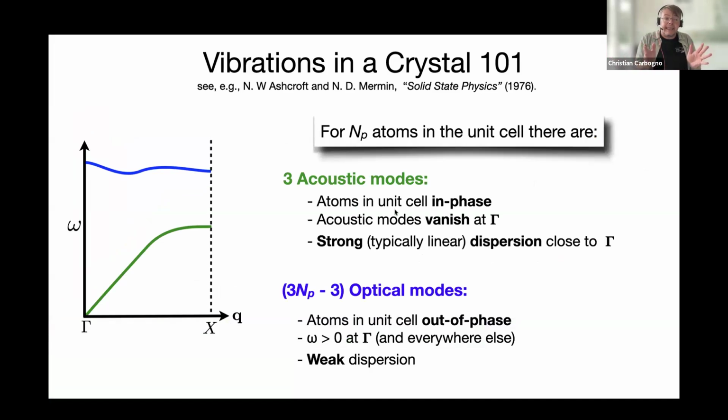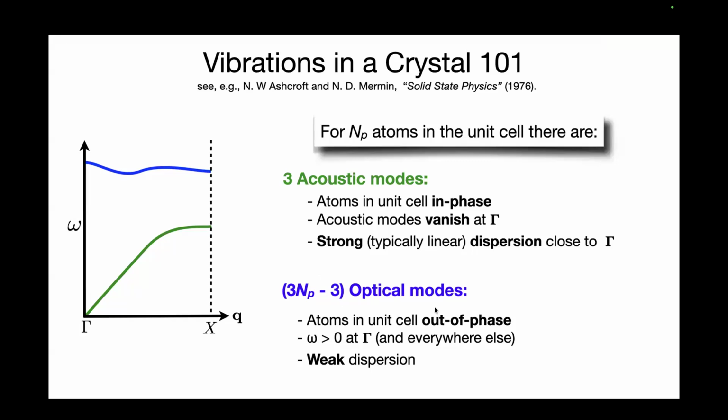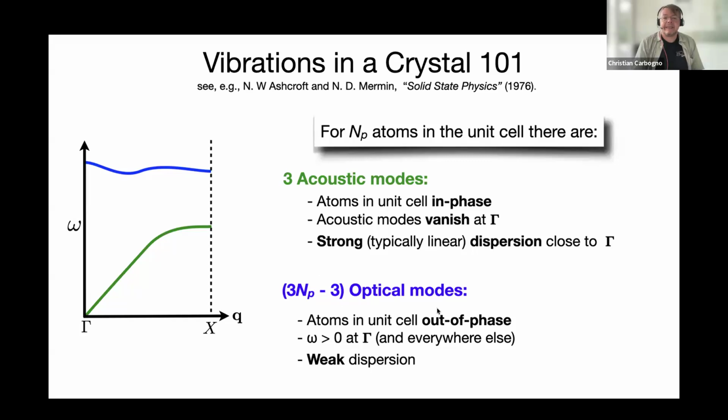Because these 3 acoustic modes really describe just the lattice vectors, how individual unit cells behave with respect to each other. So you always have 3 acoustic modes. And then you have 3n minus 3 optical modes. Okay, in case of silicon, they are 3 multiplied by 2 minus 3, right? It's 3. It's 3 again.